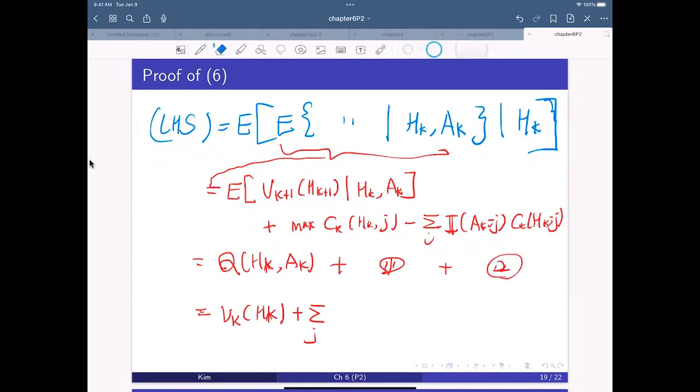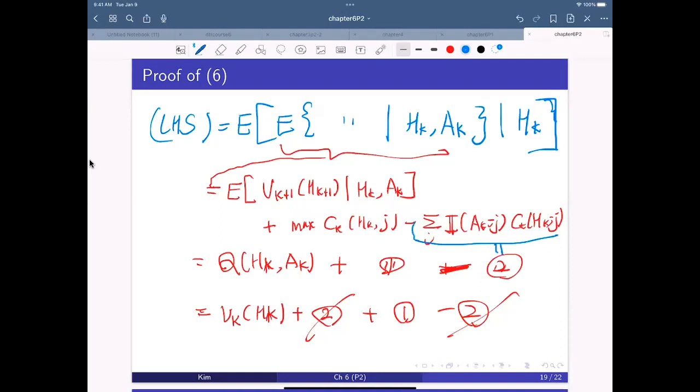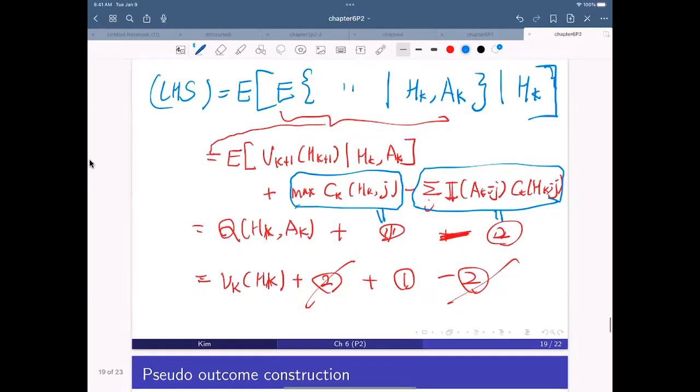Then we can write it as a 2 minus plus 1 minus 2. So 2 cancels, right? So this is 2. This one. So that is actually equal to V.